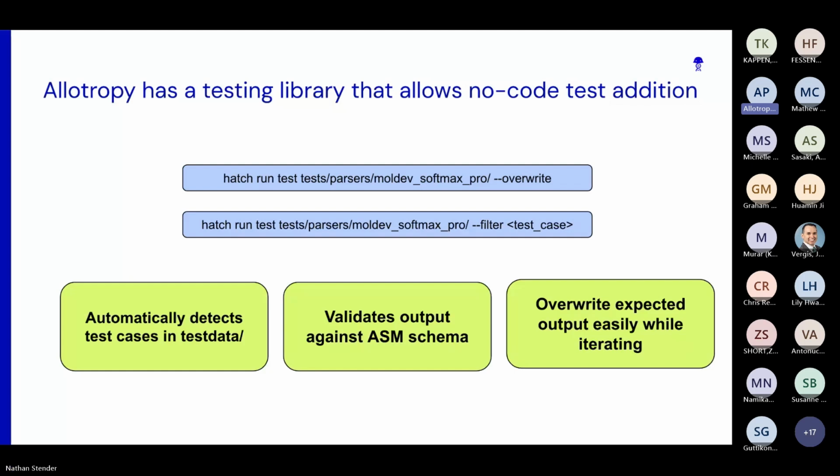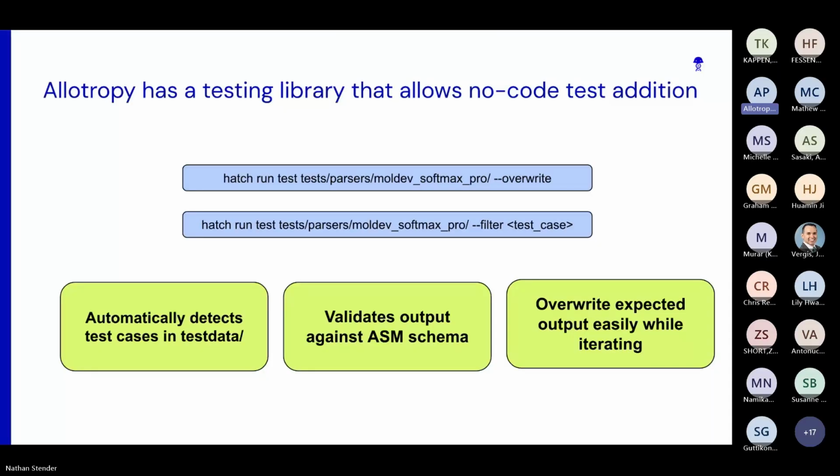Any file that you drop into the test data folder automatically gets picked up and run as a test case for that parser. And the first time that you drop it in, it detects that the expected output is missing and generates that automatically. So when you first start writing a parser and you have some sample data, you can just drop those files in and start running your parser against it without any additional unit tests. This just makes it really easy to start doing test-driven development immediately.